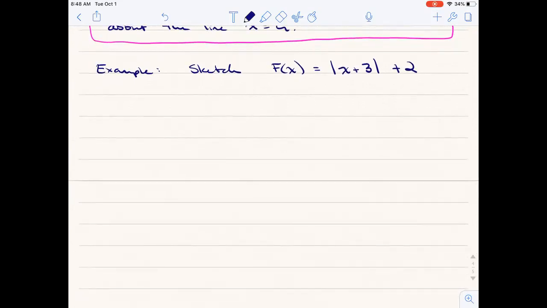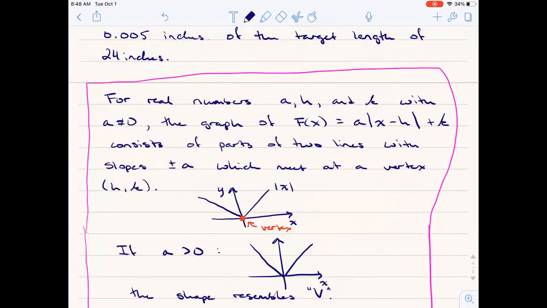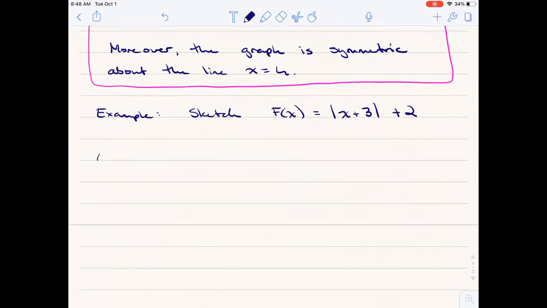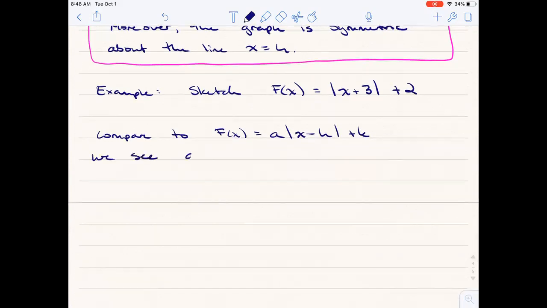If we're comparing it to f of x is a times the absolute value of x minus h, plus k, we see a is just positive 1 in our case. h must be negative 3, because in order to get x plus 3 out of x minus h, h must be negative 3. And k must be 2.